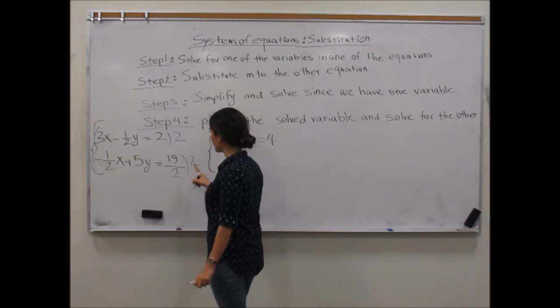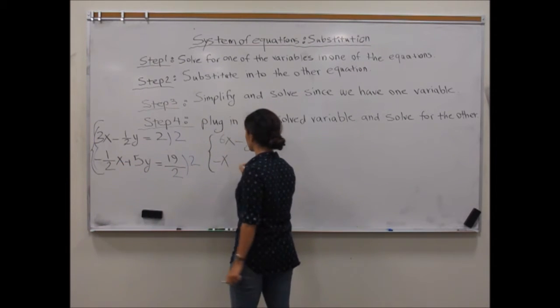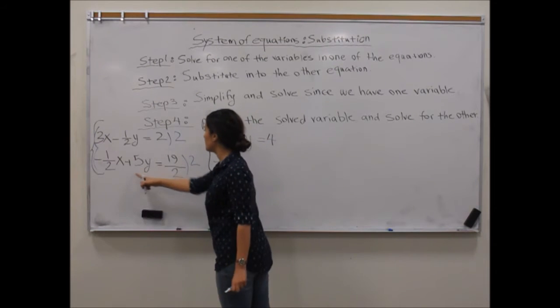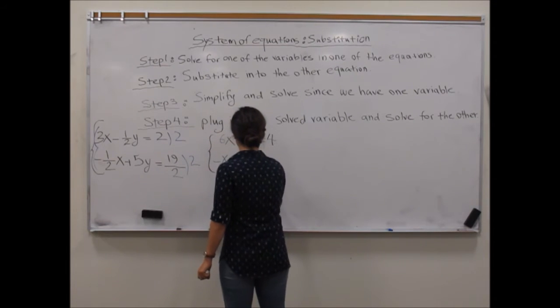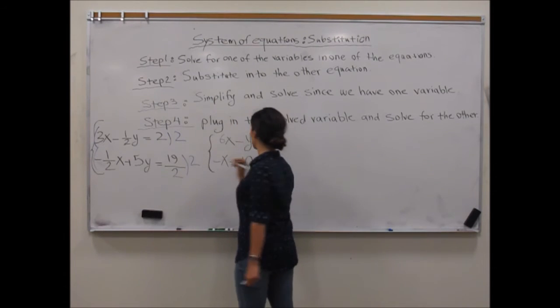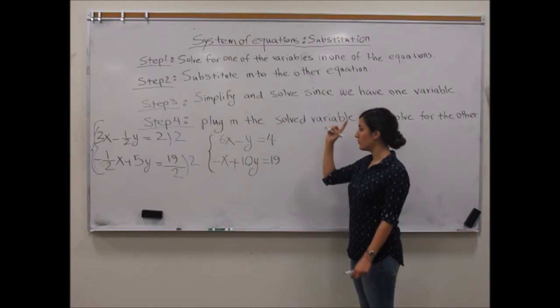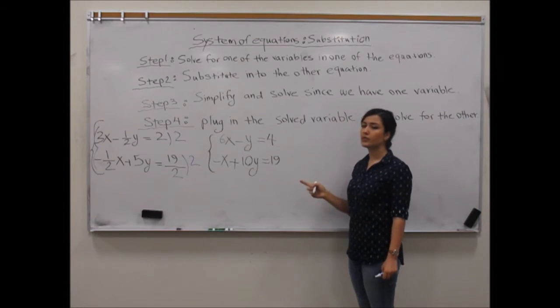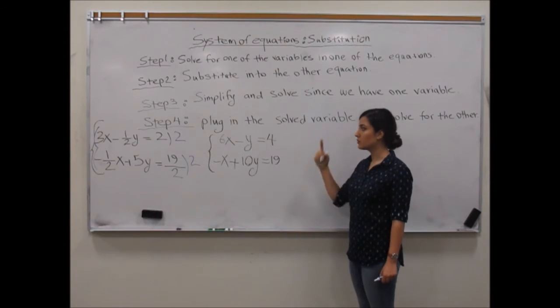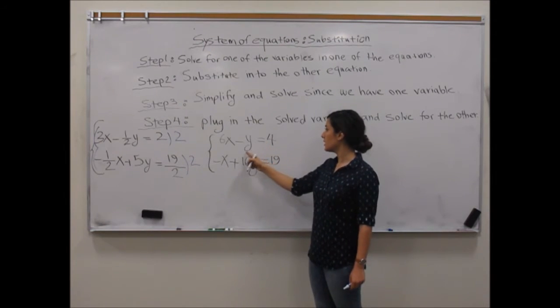In the second equation, 2 times negative 1/2 again is negative 1, so negative x, plus 2 times 5y is 10y, and then 2 times 19 over 2 is 19. So now we can go to the first step and then solve for one of the variables in one of the equations. So I'm going to choose the first one and then solve for y.